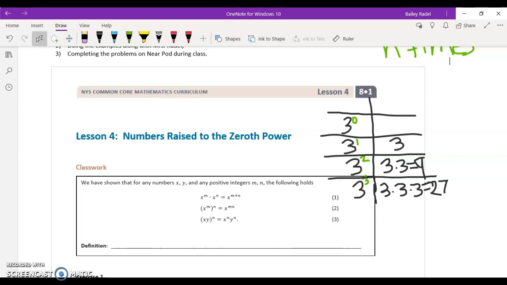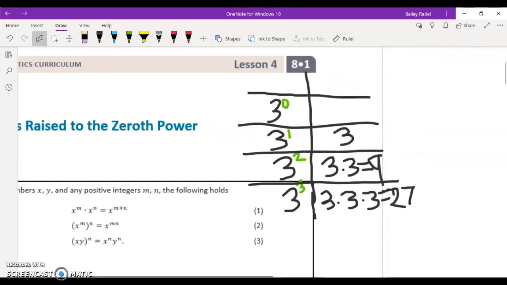And now we're going to use the pattern in the table to figure out what is 3 raised to the 0. So let's look at 3, 9, and 27. What operation, addition, subtraction, multiplication, or division, do we use to go from 27 to 9?